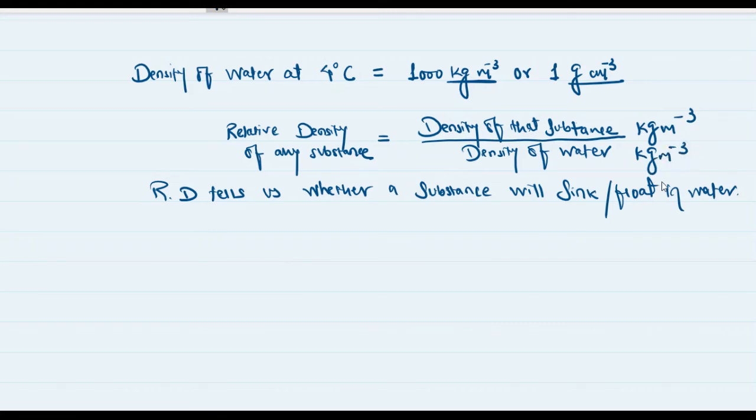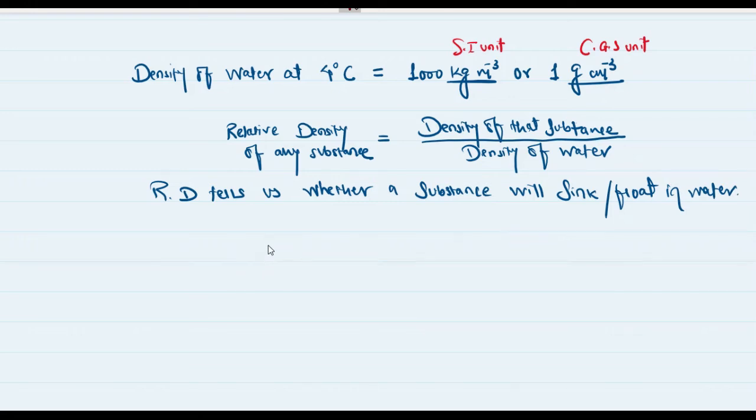Always remember that. If you are taking the density of any substance in gram per centimeter cube, then take the density of water also in gram per centimeter cube. So always remember the numerator and denominator will always have the same unit of density, whether it is SI unit, that is kg per meter cube, or CGS unit.